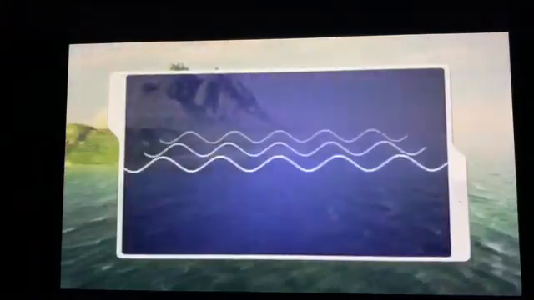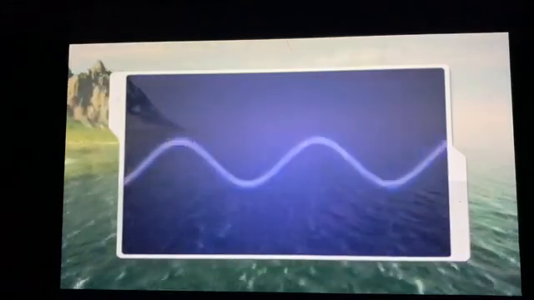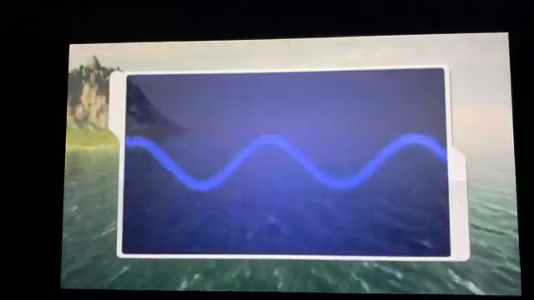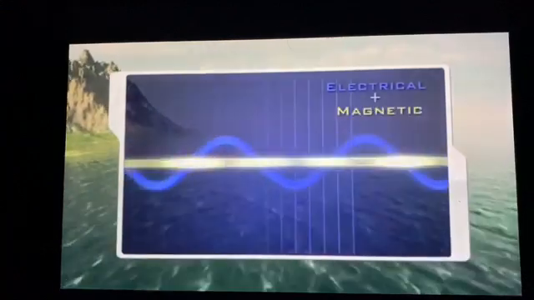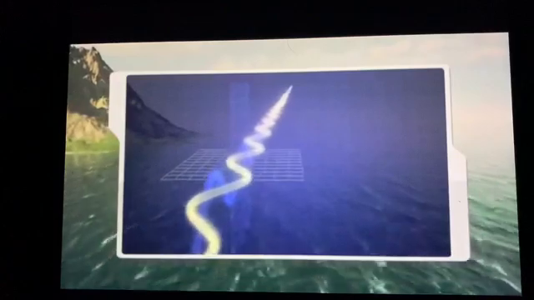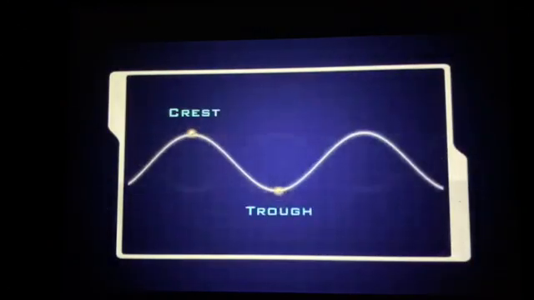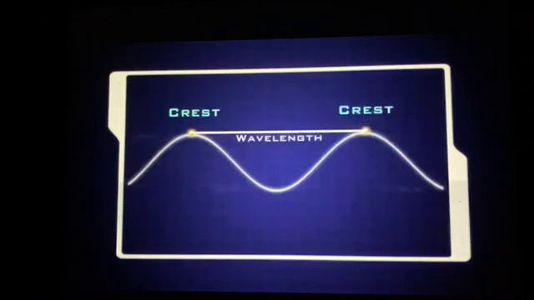Electromagnetic waves, or EM waves, are similar to ocean waves in that both are energy waves. They transmit energy. EM waves are produced by the vibration of charged particles and have electrical and magnetic properties. But unlike ocean waves that require water, EM waves travel through the vacuum of space at the constant speed of light. EM waves have crests and troughs like ocean waves. The distance between crests is the wavelength.